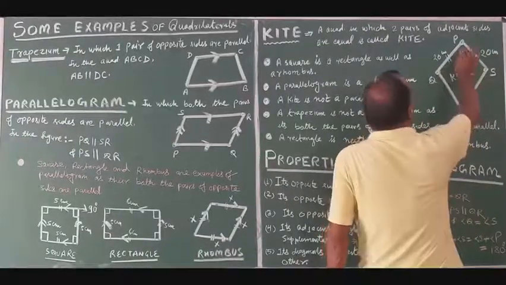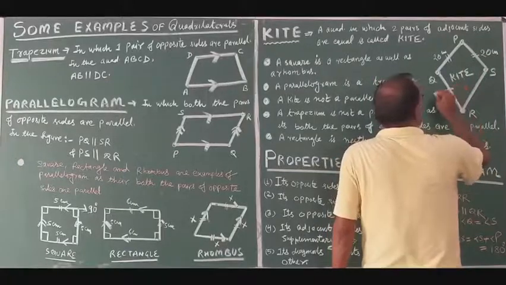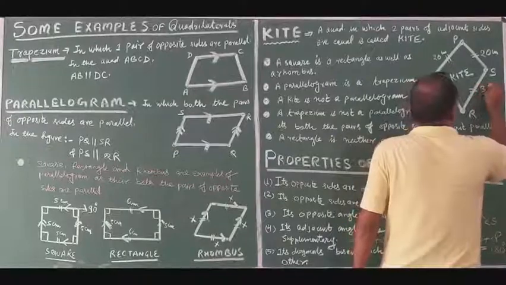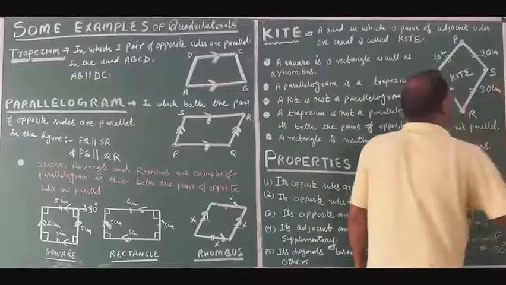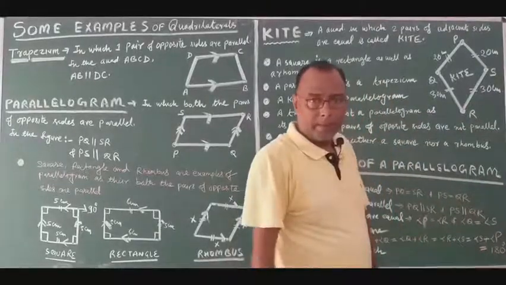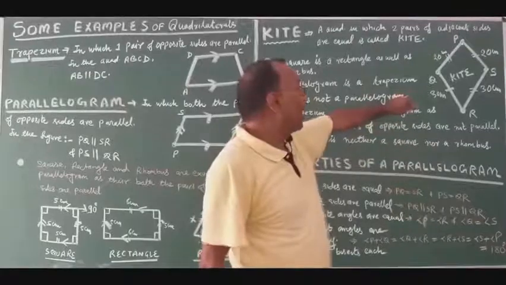So this is the first pair of adjacent sides equal, and suppose this is 30 centimeter and this is again 30 centimeter. It means this is another pair of equal adjacent sides. So what is in a kite?